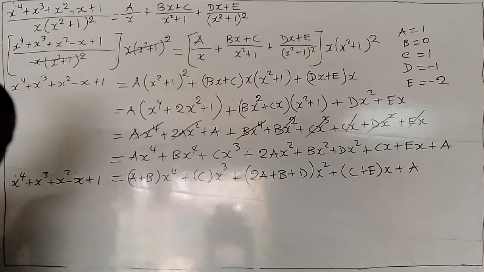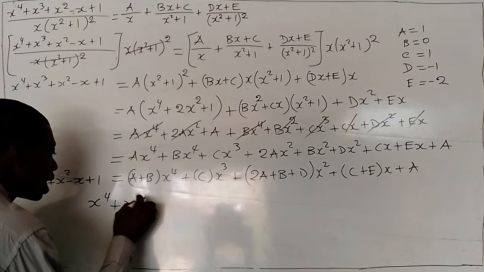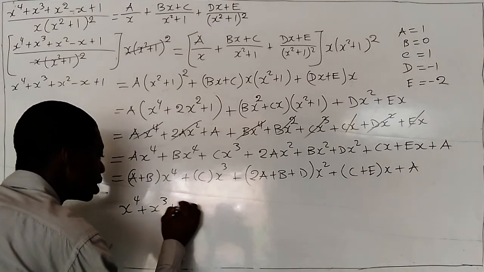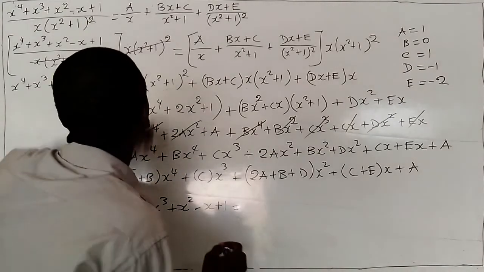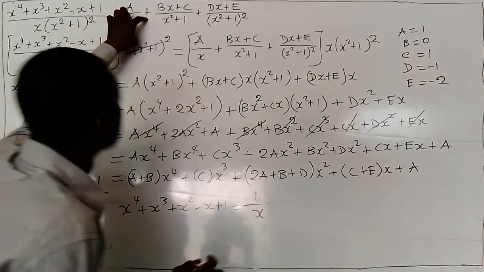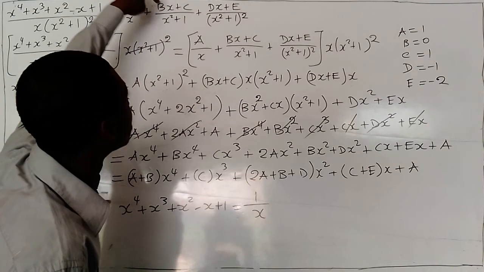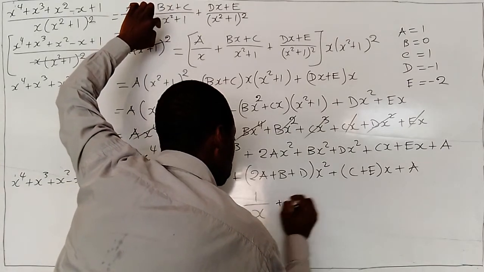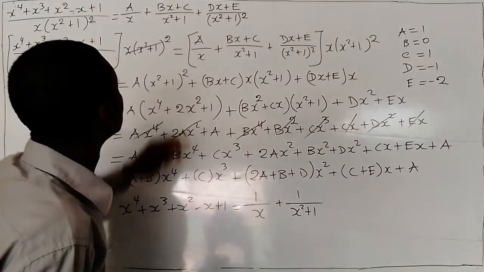We are saying that x raised to the power 4 plus x raised to the power 3 plus x squared minus x plus 1 over the denominator equals our a, which is 1 over x, plus b, which is 0, so b times x will be 0, plus c, which is 1, over x squared plus 1.